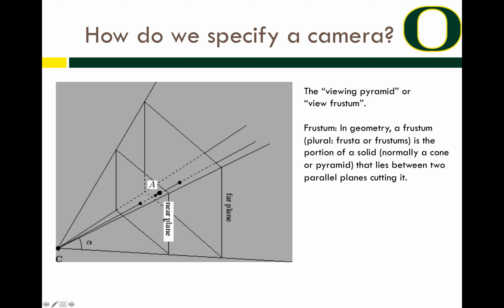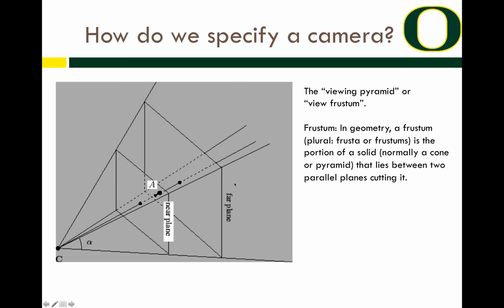Now this picture is a little misleading because it makes you think the near plane and the far plane aren't very far apart, and we're looking at a kind of thin band of triangles. Typically the near plane is going to be very close to the camera, and the far plane will be very, very far away from the camera, and the visible region is quite large. In this case, it's quite small.